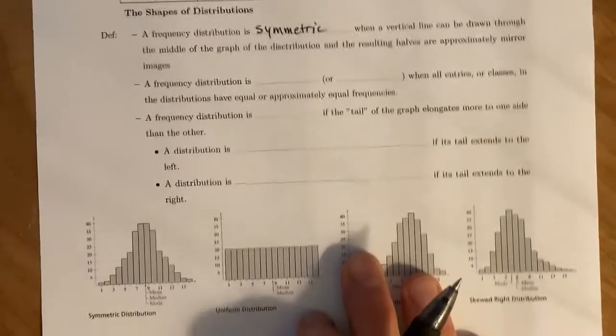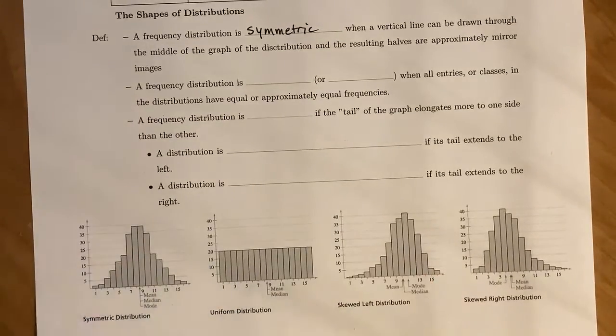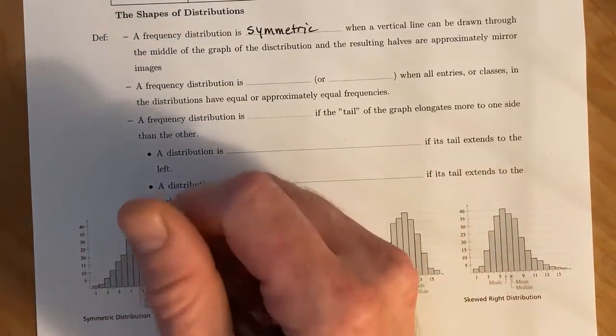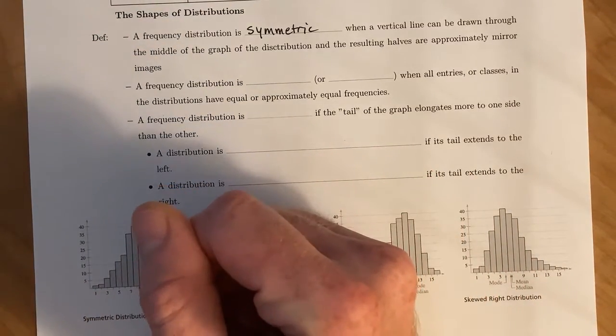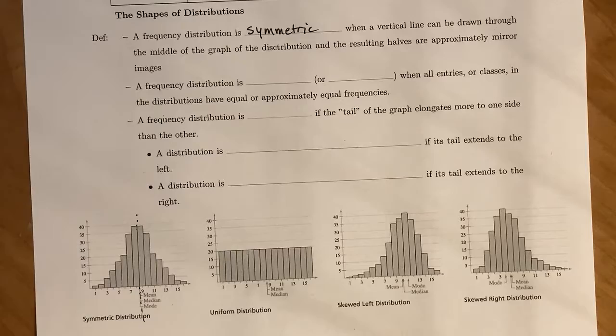One example is this one on the bottom left. This is symmetric in the sense that if we put a line down here and put a mirror on this line and looked at just this side in the mirror, we get this side right away. So it's symmetric in that sense.